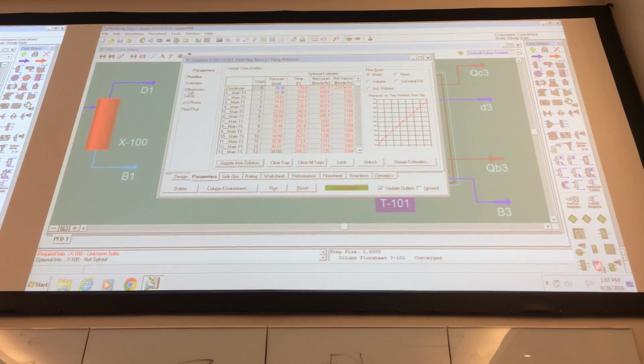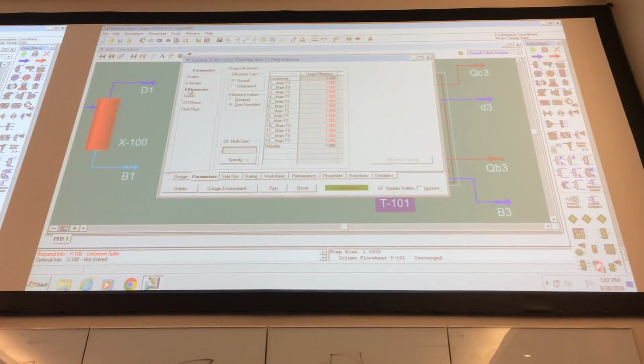Just a note on efficiency. Let's say you were throwing a curveball and I said, okay, well now you have to calculate this with 80% efficiency. Remember that you can do that exact same thing in here. Parameters, efficiencies. You can just add your efficiencies just like this.